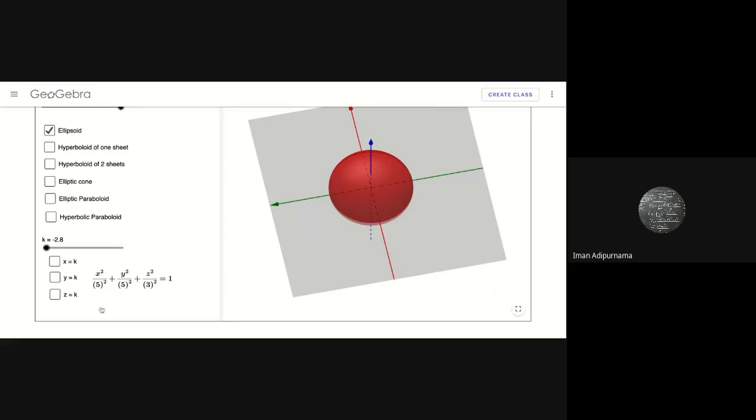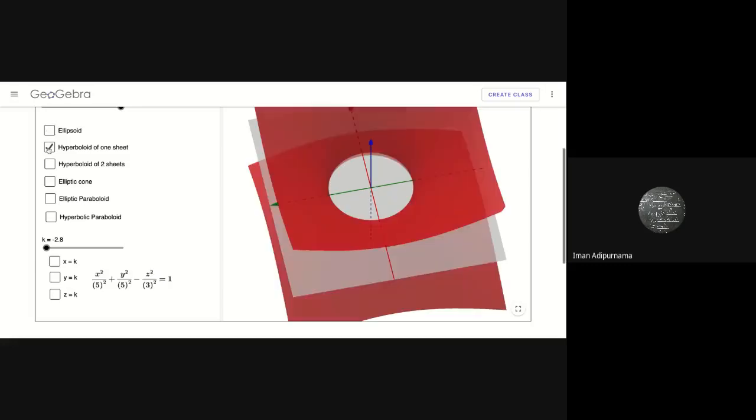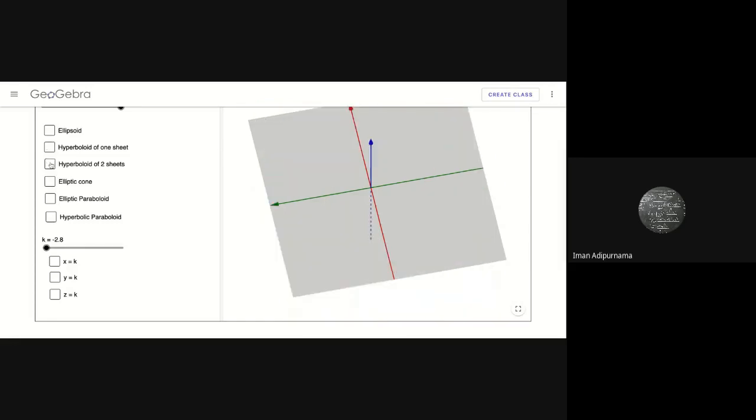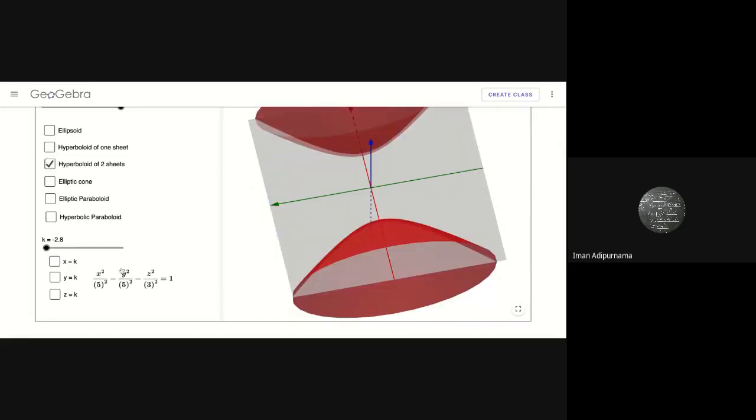Let's see the simple one, the ellipsoid. If you see this, you have x squared, y squared, z squared, and all are squared, right? That becomes an ellipsoid, and they don't have any alternating signs, so it's all positive. Okay, you have the hyperboloid of one sheet, so it has at least one alternate sign here. It's negative. But for the hyperboloid of two sheets, it has two negative, one positive.